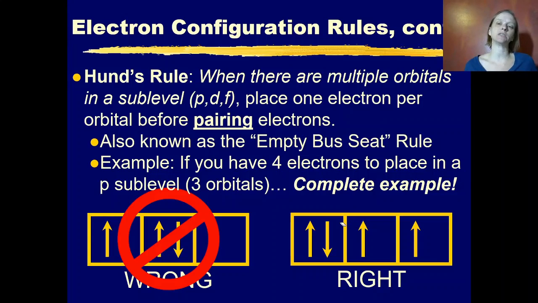All the empty seats on the bus have been taken, and now we start doubling up on the bus seats. Notice that all of our arrows go the same direction. All the electrons have the same spin until we start doubling up the electrons. That's when you start introducing the electron with an opposite spin.